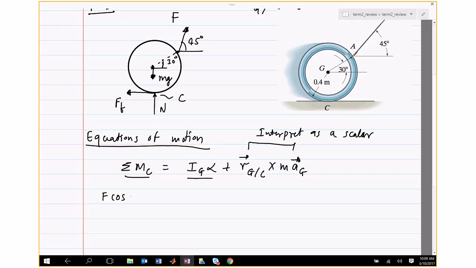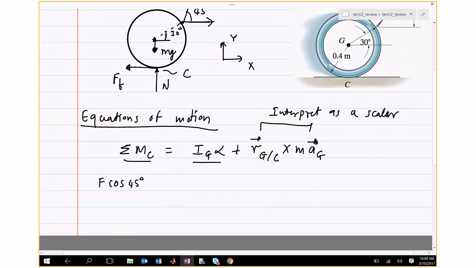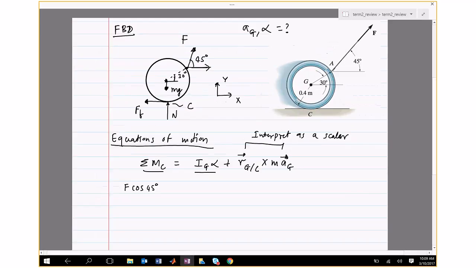F cosine of 45 degrees, this force acts in the x direction, right? X and y. So F cosine 45 acts in the x direction.